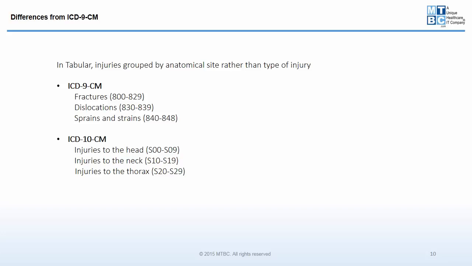Whereas ICD-10, it's specific to the location of the body. So there could be fractures of the head and dislocations of the head from S00 to S09, and sprains and strains, but it's related to the head. Rather than it being specific to fractures, dislocations, and sprains and strains, it will be based on the injury to the head, to the body area.